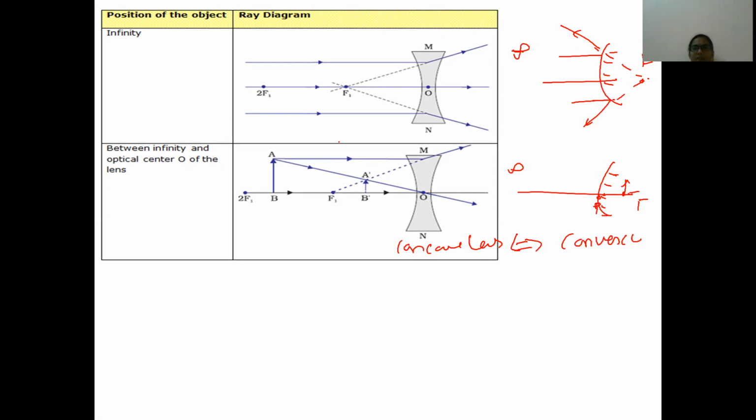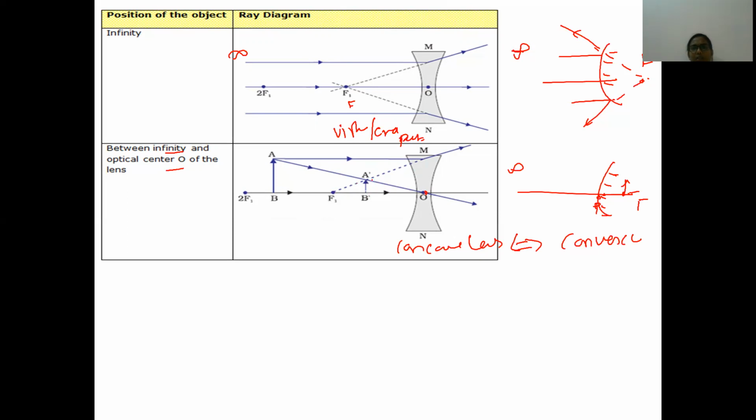Similarly here, when you take the object at infinity, the image appears to form at the focus. It is forming on the same side, so it is a virtual and erect, point-size image. In the second condition, when you take the object between infinity and the optic centre, you will get the image on the same side.